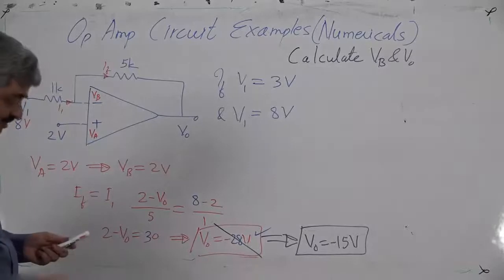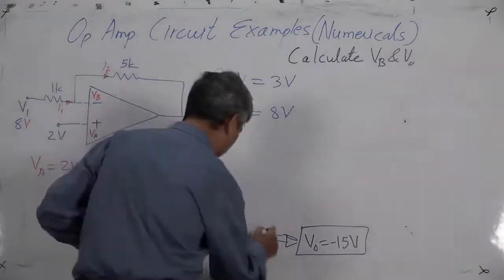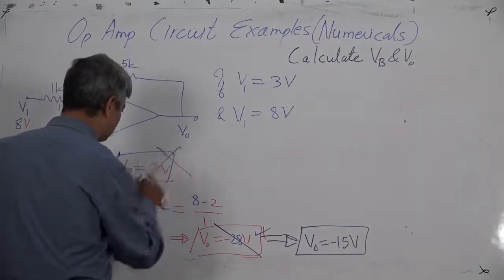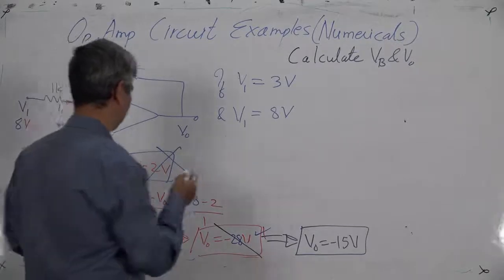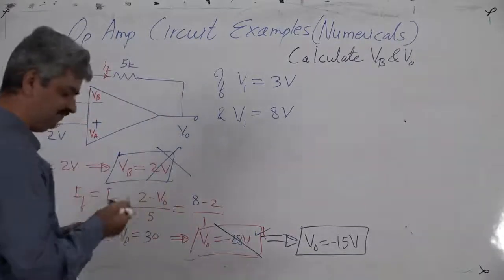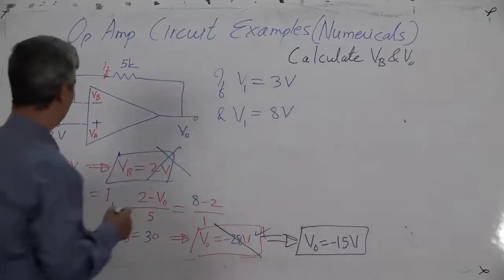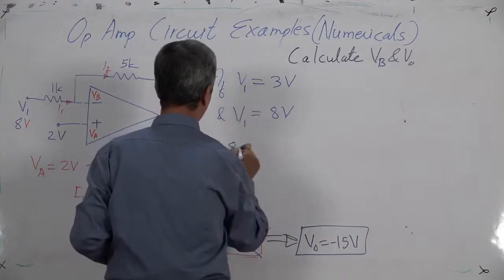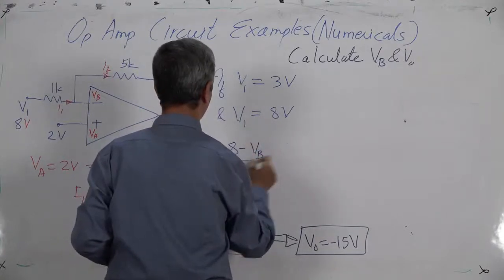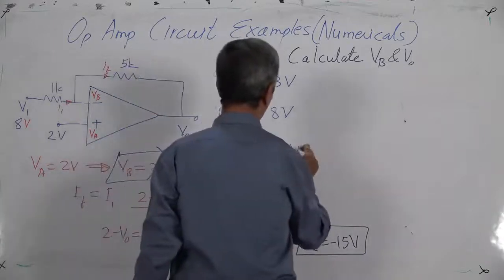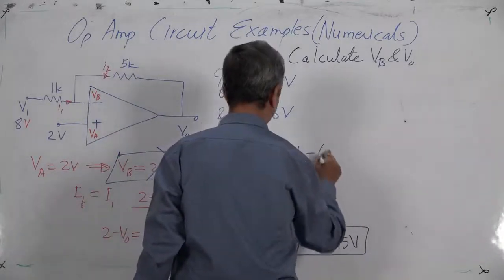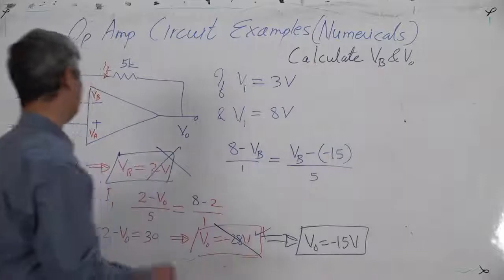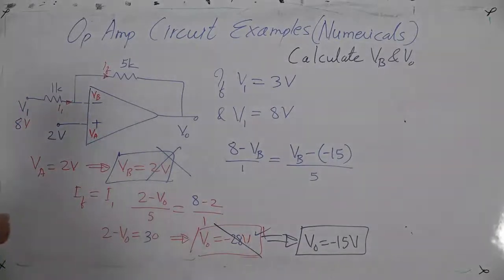And as the calculated VO has not come correct, this assumption is wrong. We have to recalculate VB. How do we recalculate VB? Again same thing, only thing is now VB is unknown. V1 is now 8. 8 minus VB upon 1 is equal to VB minus VO, that is minus 15, upon 5.